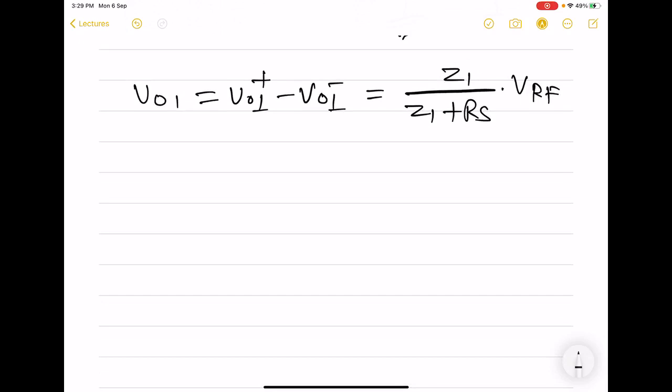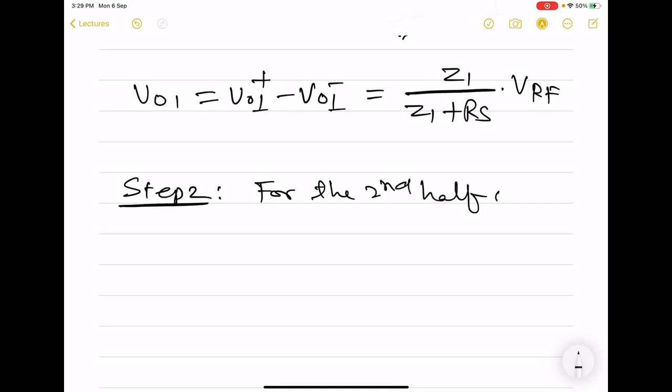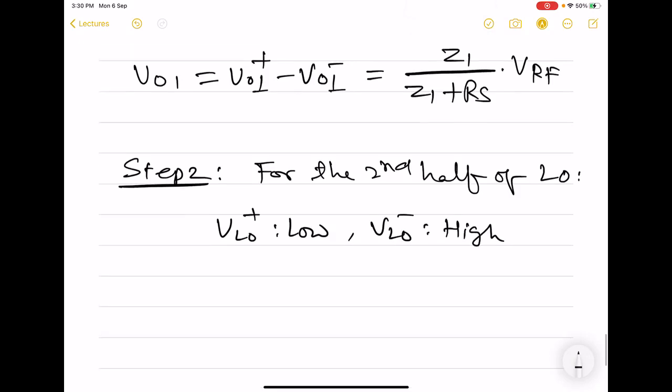Okay. So in the second step, we will consider the second half of LO. In this case, LO plus is going to be low, while VLO minus is going to be high.